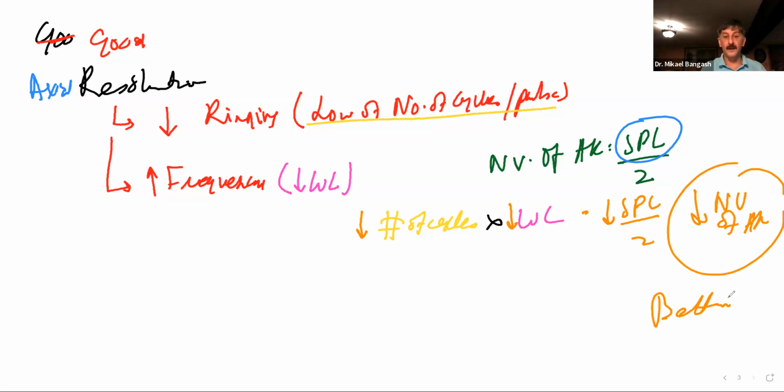Whereas if you go the other way and do the opposite, for instance, more ringing, which would just mean a high number of cycles per pulse, or a low frequency, as this low frequency means the same as saying we have pulses with a great wavelength.